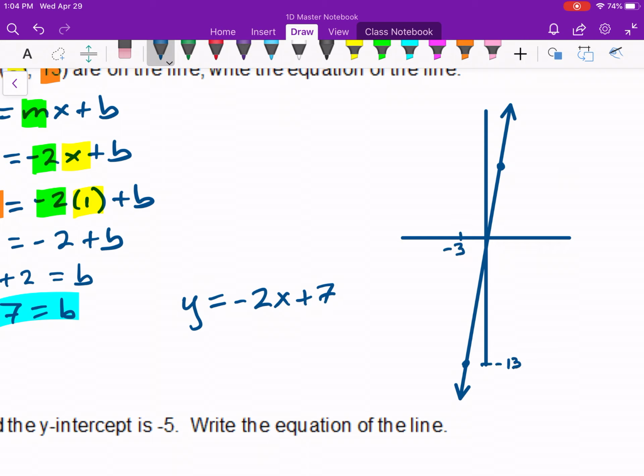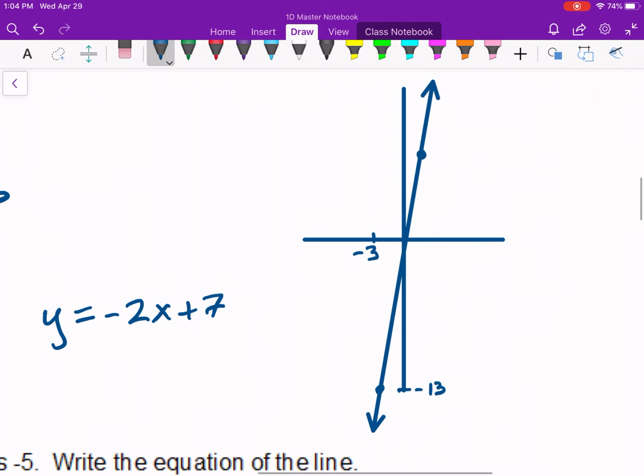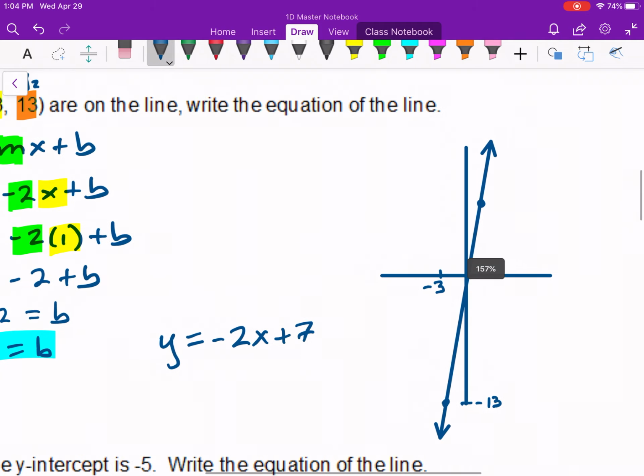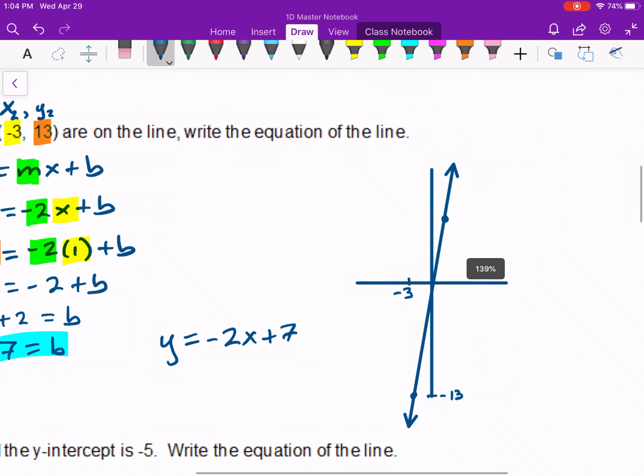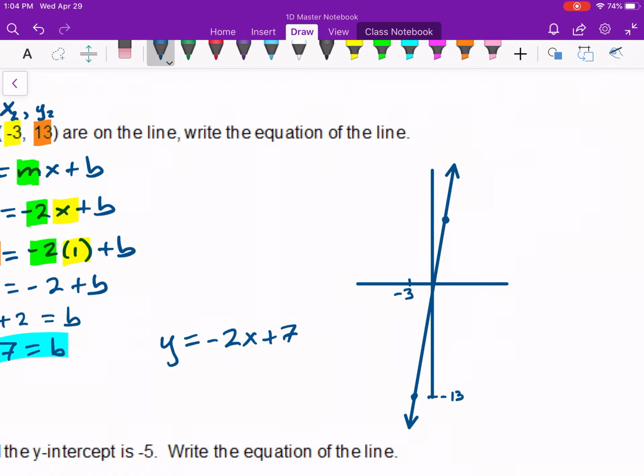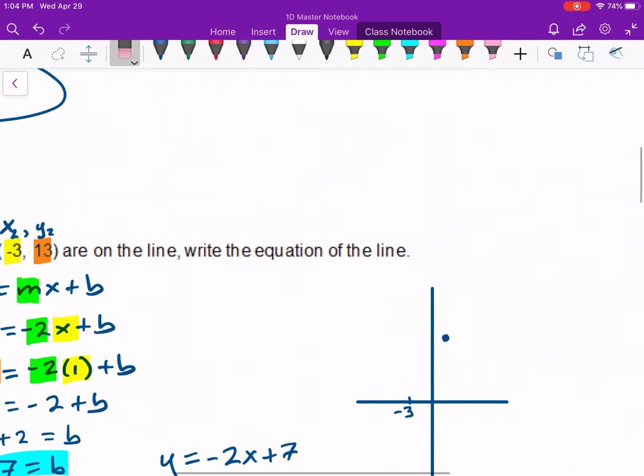It was just a careless mistake. We make those all the time. I make them just like everyone else does. The important thing, though, is to pay attention to when things don't feel right. So I think my equation is fine, but what I should have done, as far as my original line goes, is I should have had (-3, 13), which would actually be a point quite a bit higher.